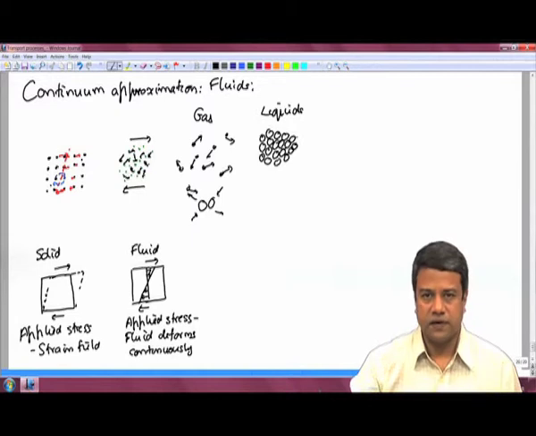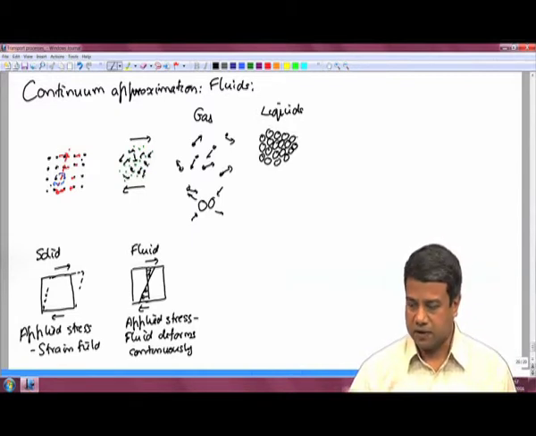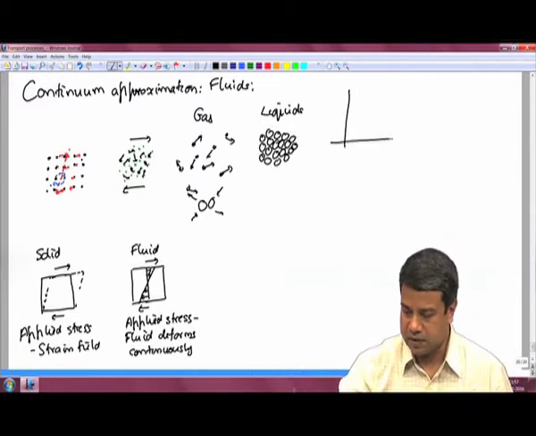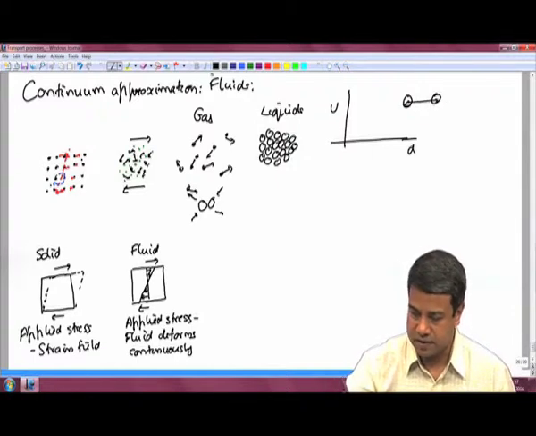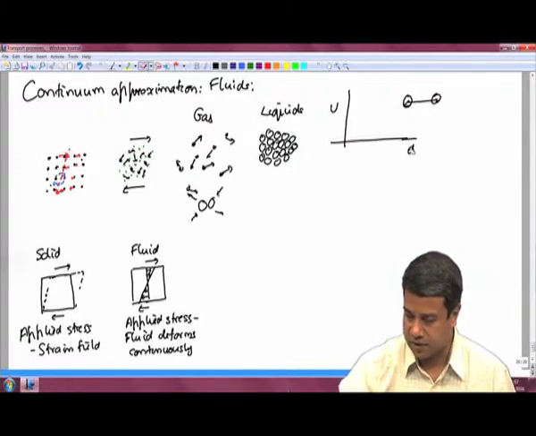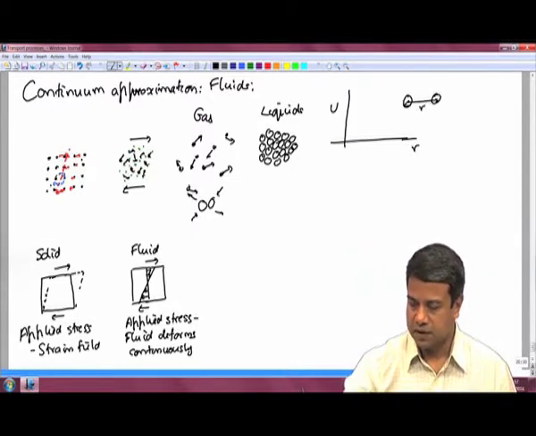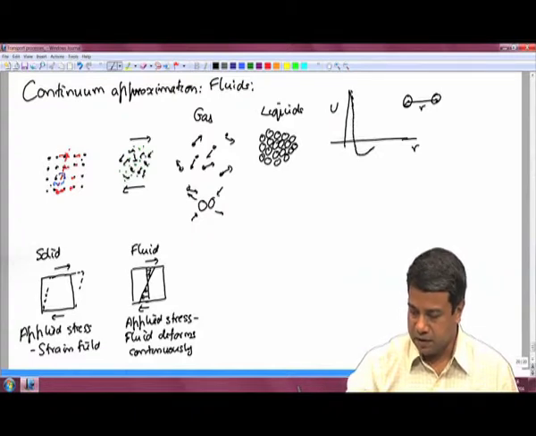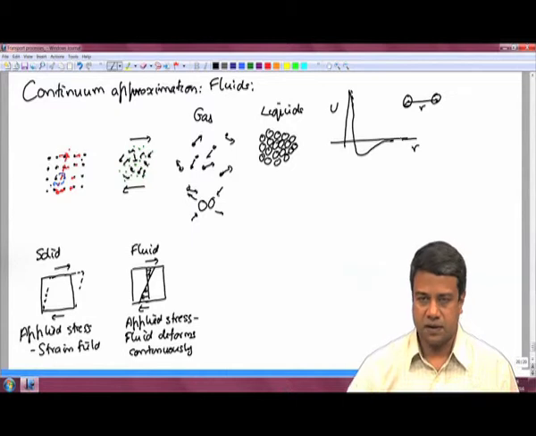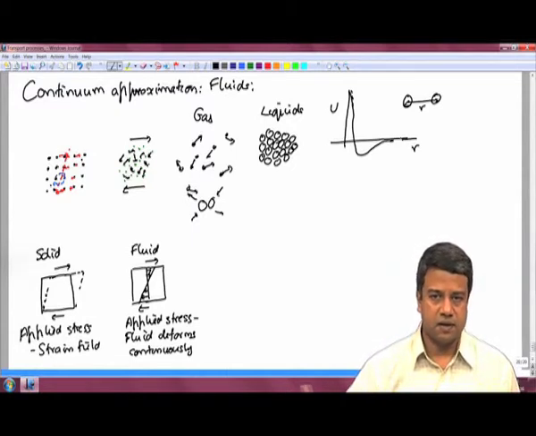Effectively, in liquids, if you draw the interaction potential between molecules as a function of the distance between two molecules, let me call this R to distinguish it from the molecular diameter. For very short distances, there is a repulsive part, and then at long distances there is an attraction, and then as you go further away, the force comes down to 0.